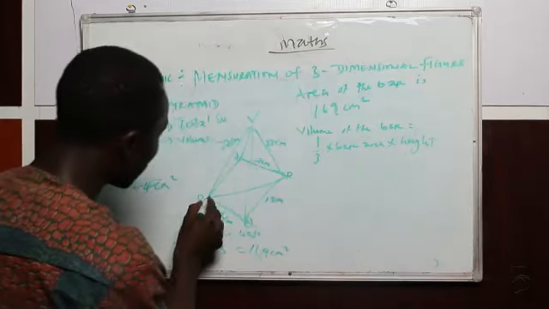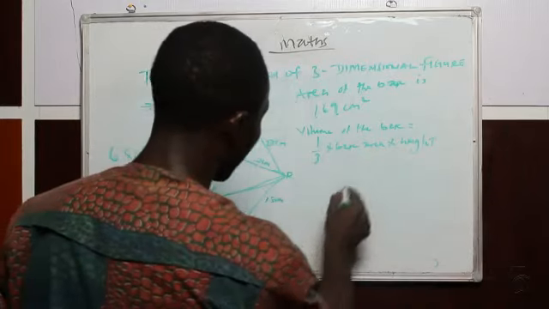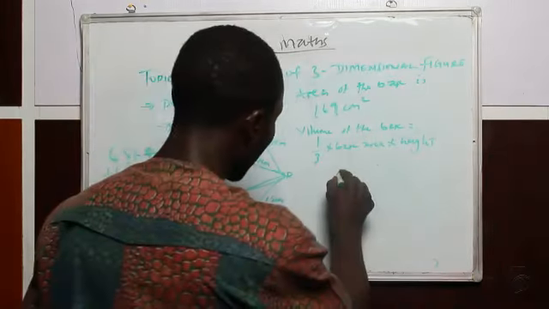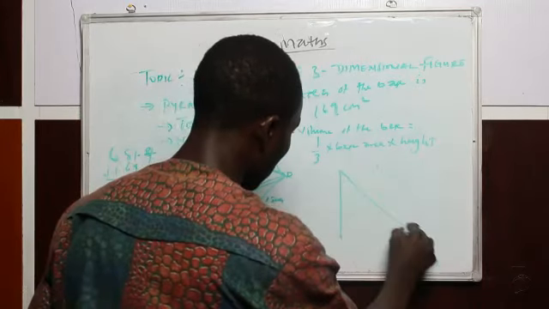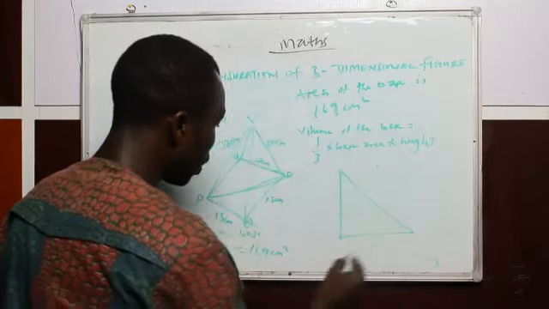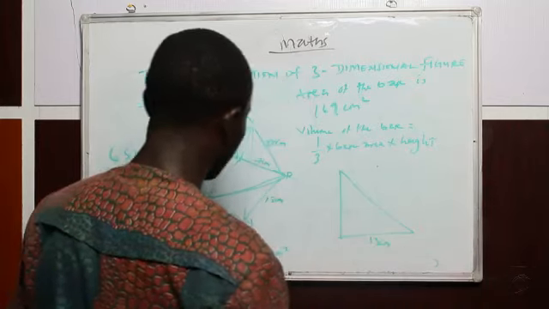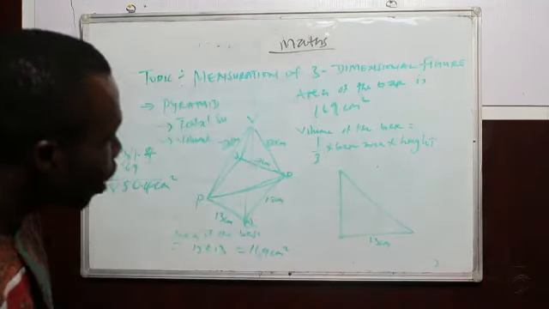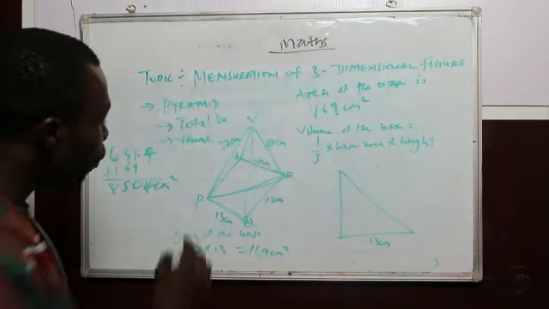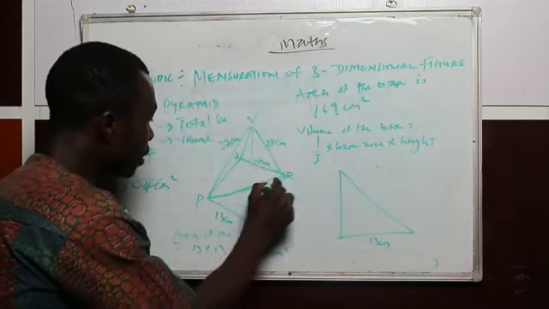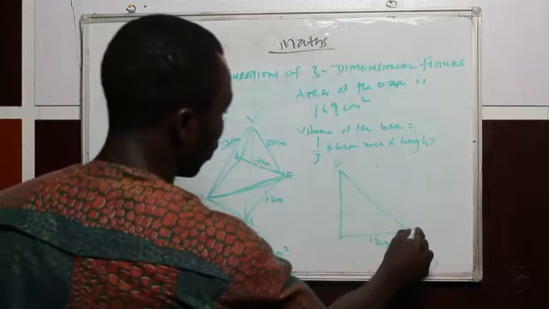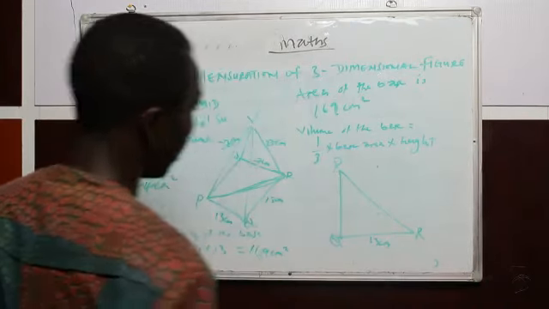So if you consider triangle PQR, we have the triangle to be like this. We have 13 centimeter. Then where is our Q and where is our R? Knowing fully well that this is the longest side, then our PR must be here, our Q must be here.